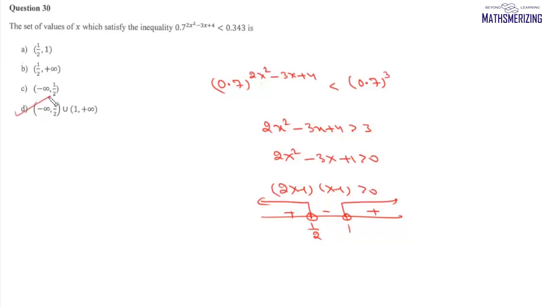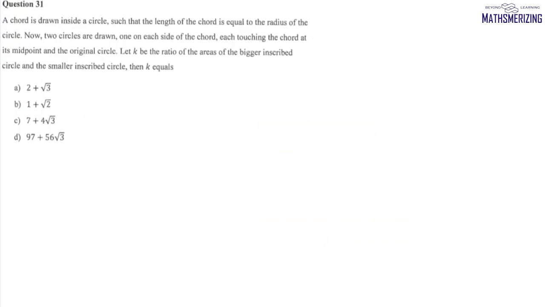and that's your option number D. Now question number 31, it says a chord is drawn inside a circle such that the length of the chord is equal to the radius of the circle. So we have a circle and then we have a chord on this circle whose length is equal to the radius of the circle.